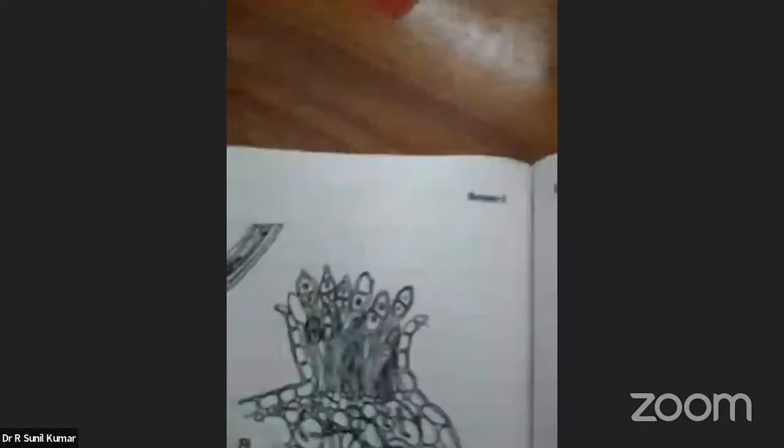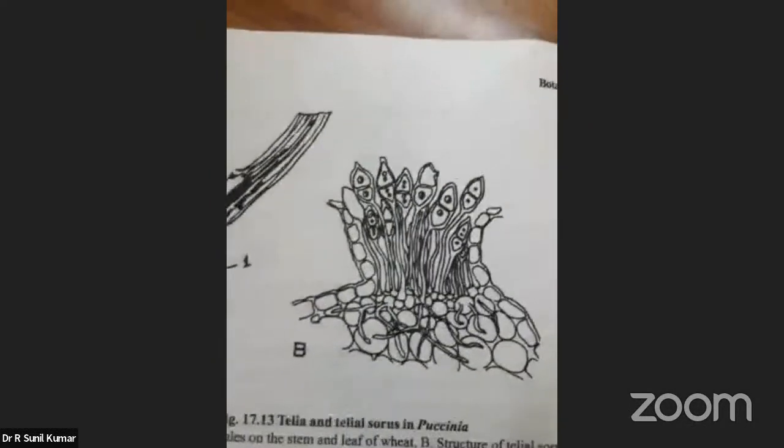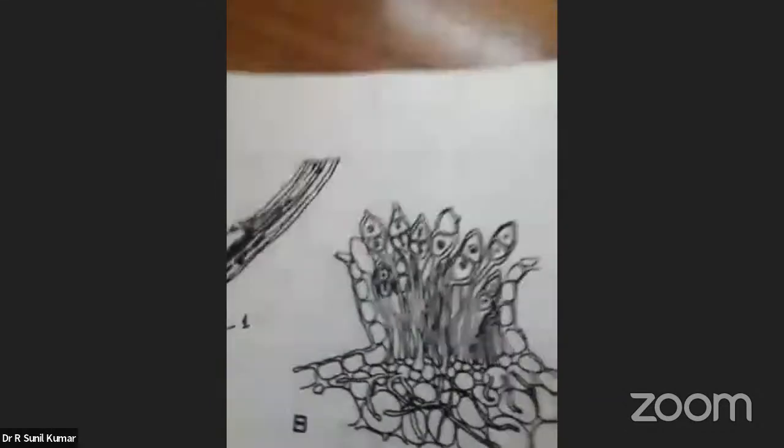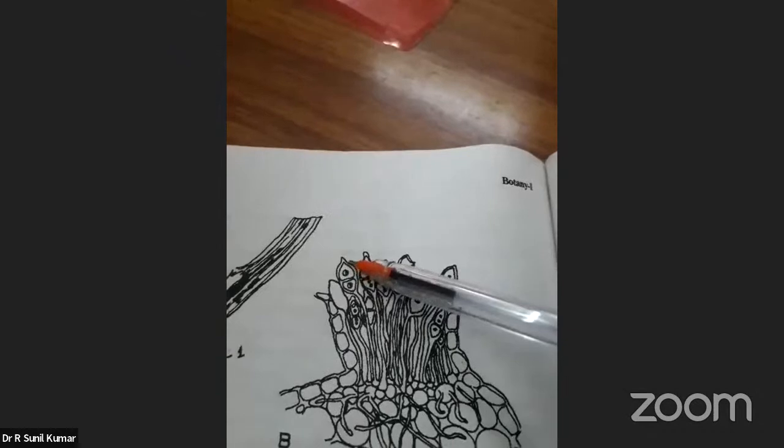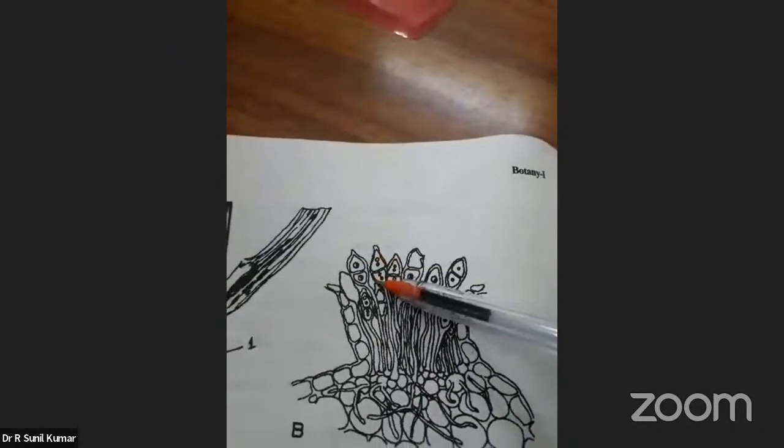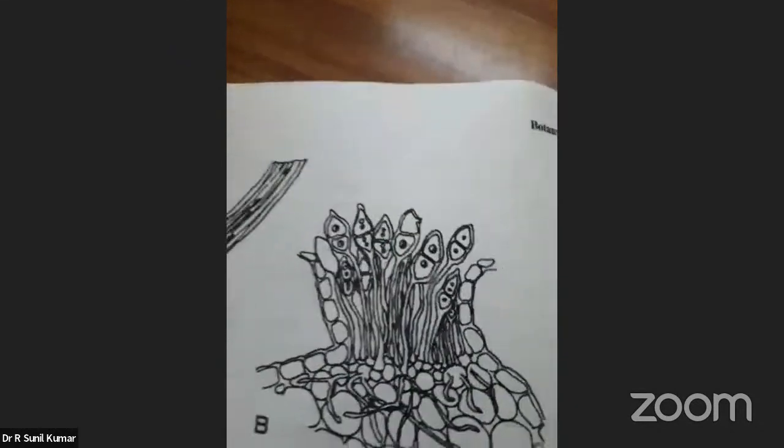See, these are the teleospores, bicellular binucleate. Germ pores are absent.